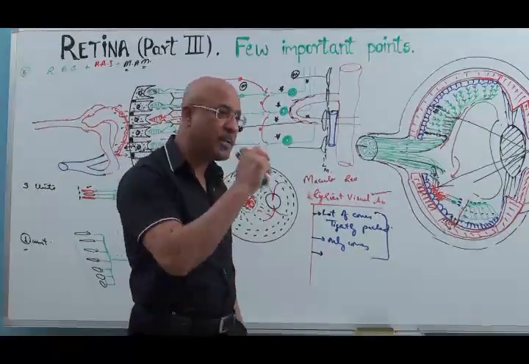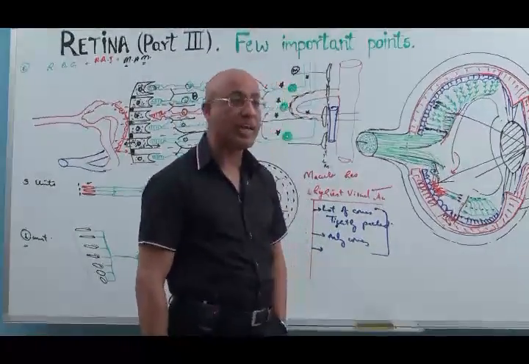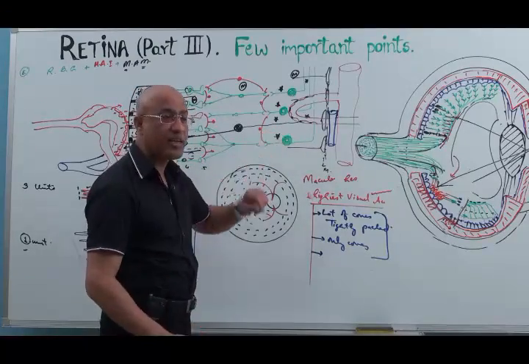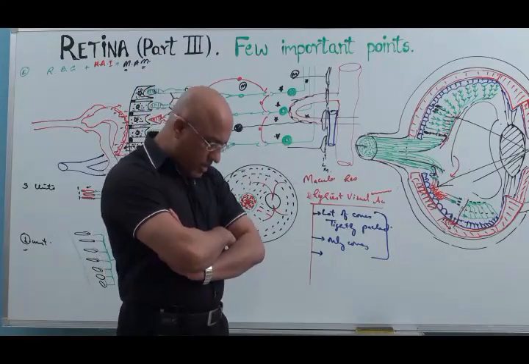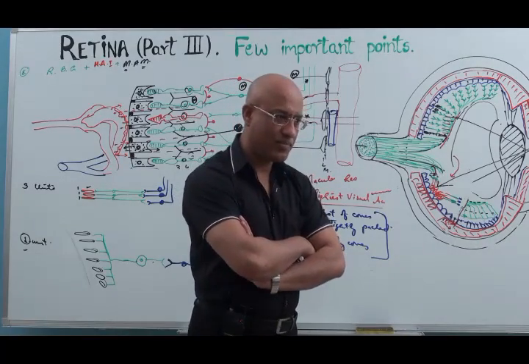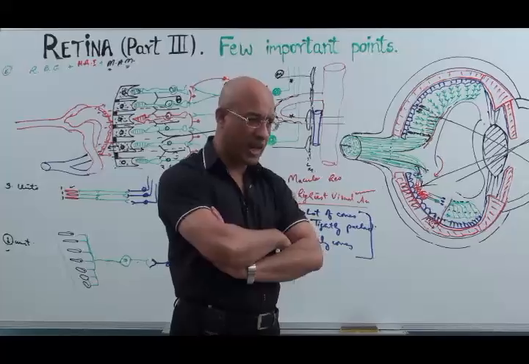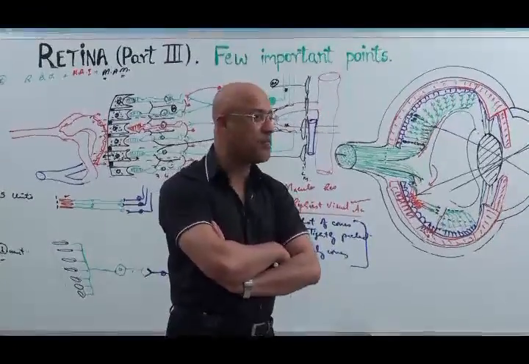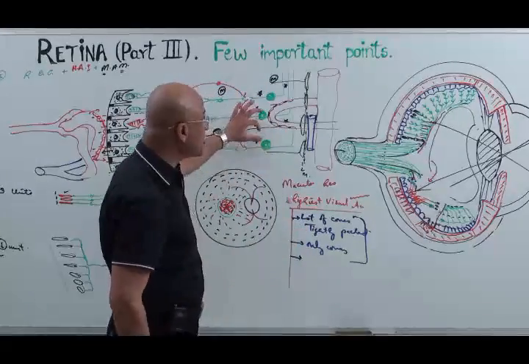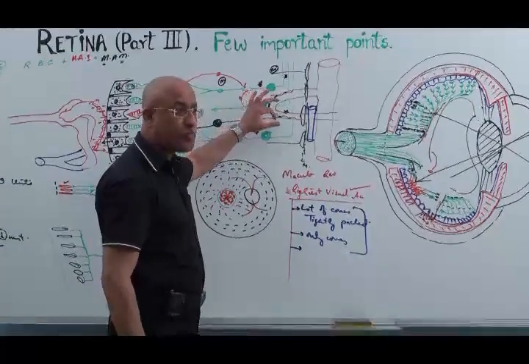And one of the very latest pieces of information about the ganglion cell is that some of the ganglion cells, not all, also have visual pigment. They also respond to the light, but they don't make the image. They respond to illumination, and those ganglion cells send a special signal.